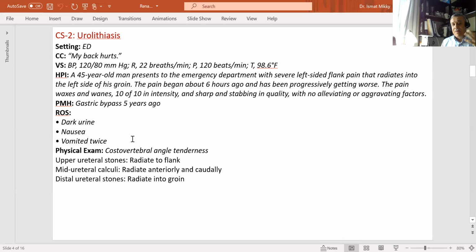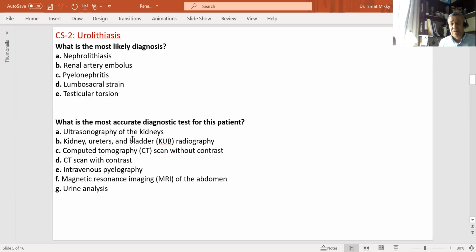And the pain will change. The experience of pain, intensity, and location or site will change as the stone is moving down the renal system, from the kidney to the ureter to the bladder and then to the urethra. So the extent and the location of pain will change based on the presence of the kidney stone.